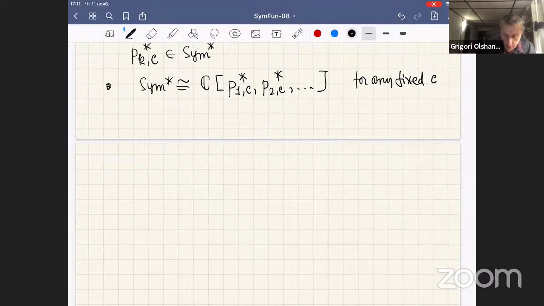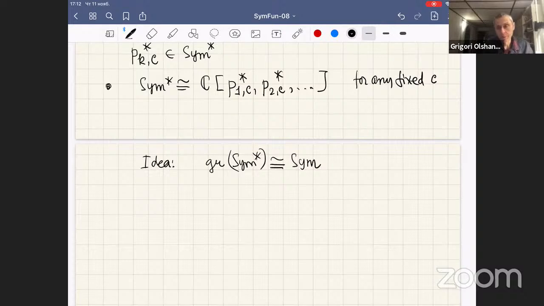So the idea is that our algebra, being a filtered algebra, one can prove that the associated graded algebra is canonically isomorphic to the algebra of symmetric functions.